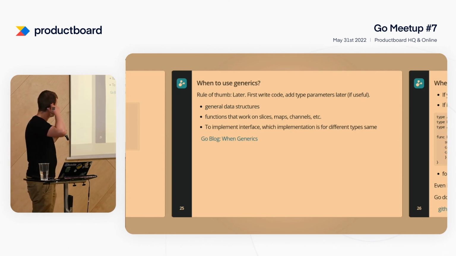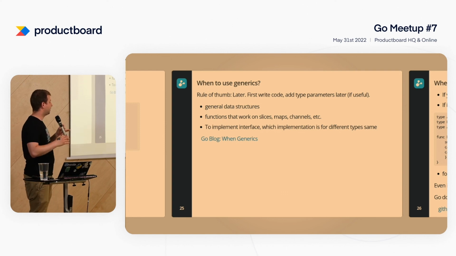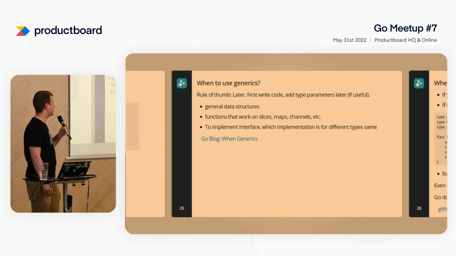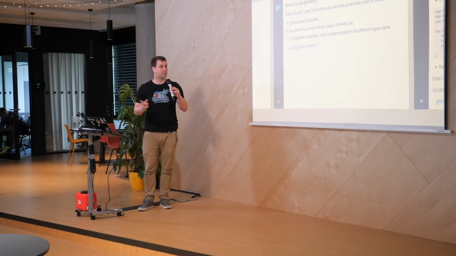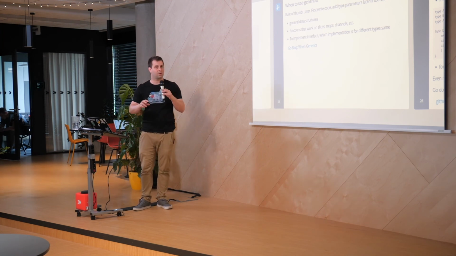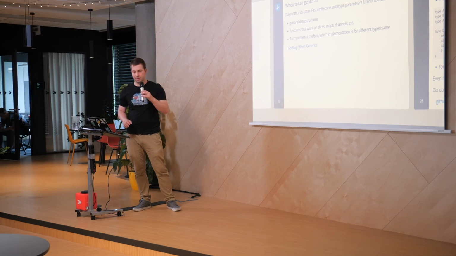And also, there's one reasonable usage: to implement a generic wrapper which implements some interface, if that interface's implementation is the same for different types. The best example is the implementation for sort.Interface, because it's quite the same for all types, with some exceptions, but the basics remain the same. For example, the length or the swap of that slice or something.